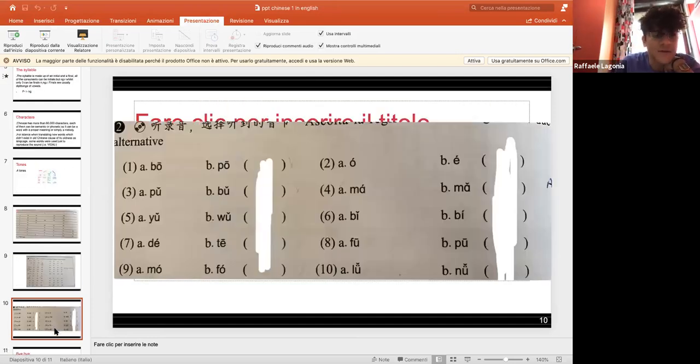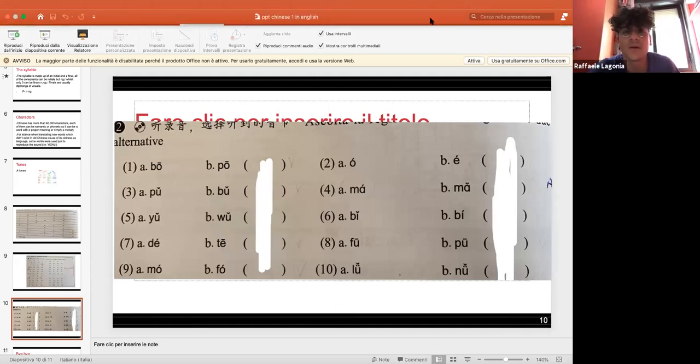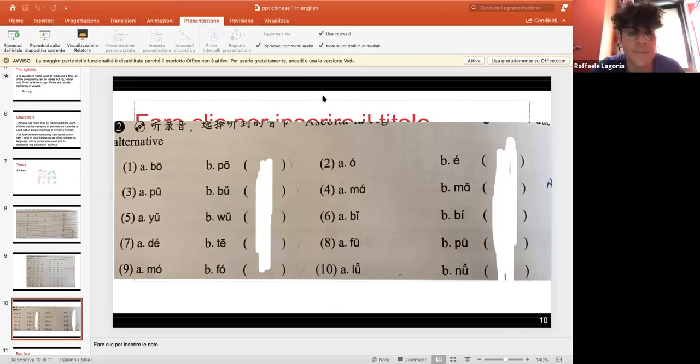Then I have a little exercise for you. I will read the word, and you will text me the answer if it is A or B. Okay? Let's move on with the first one.